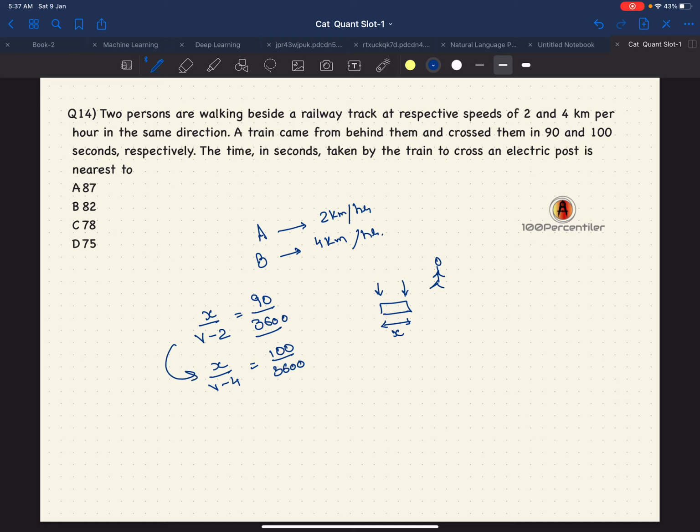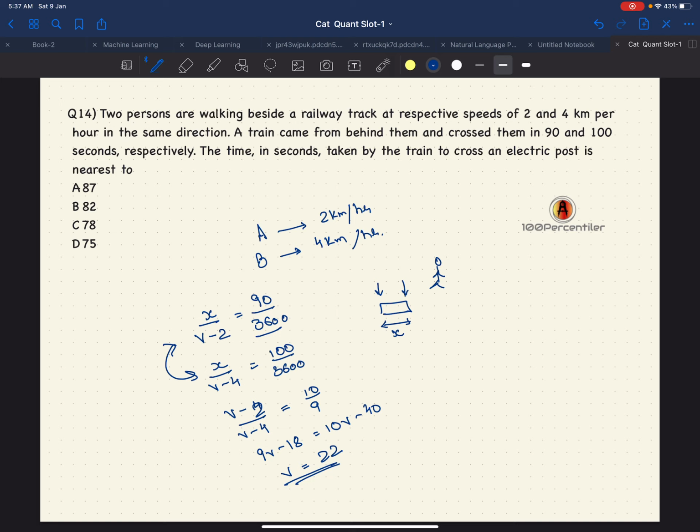Now dividing these two equations, we get (v minus 2) upon (v minus 4) equal to 10 upon 9. This is 9v minus 18 equal to 10v minus 40, and v comes out to be 22 here.